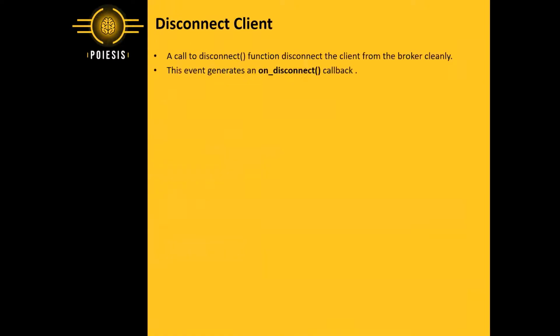What next? In the next step, we are going to learn how to disconnect the client gracefully from the MQTT broker. And for this, we are going to use the disconnect function. A call to the disconnect function disconnects the client from the broker cleanly. This event generates an on_disconnect callback.